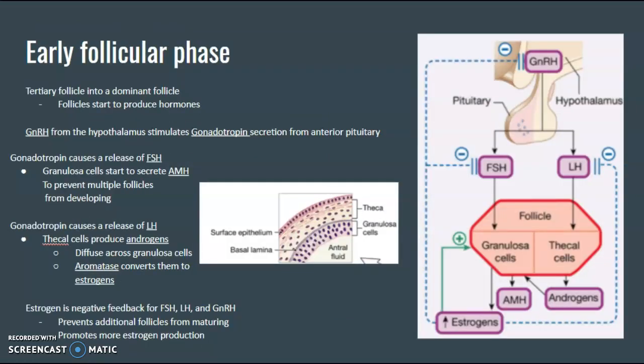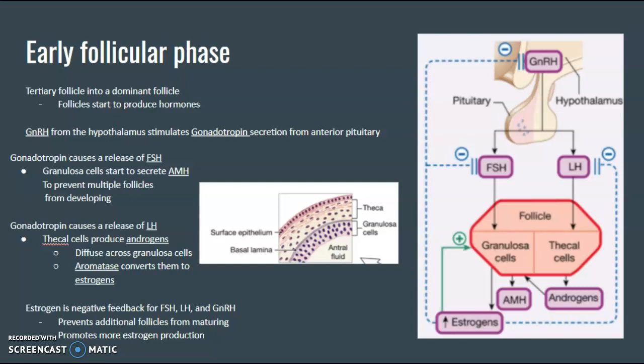Okay. In the early follicular phase of the tertiary follicle becoming a dominant follicle, the hormones are produced. GnRH, or gonadotropin-releasing hormone, from the hypothalamus stimulates gonadotropin secretion from the anterior pituitary, which will cause a release of FSH, which is follicle-stimulating hormone, and LH, which is luteinizing hormone.